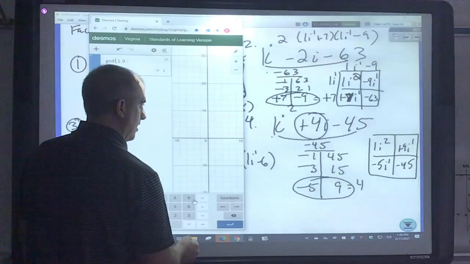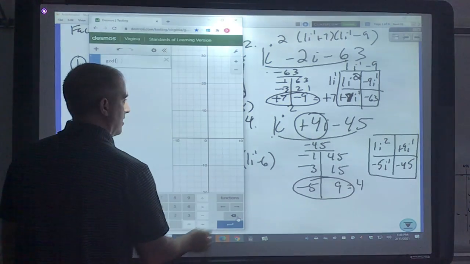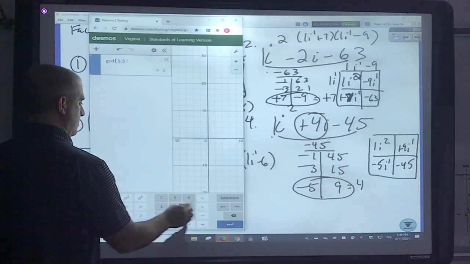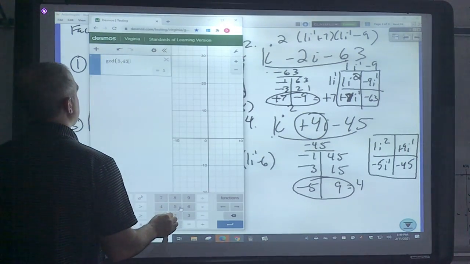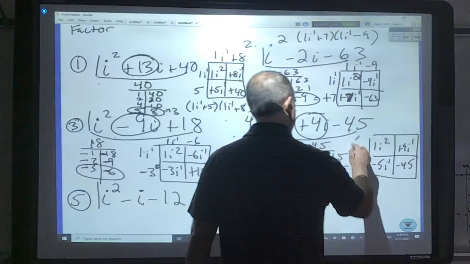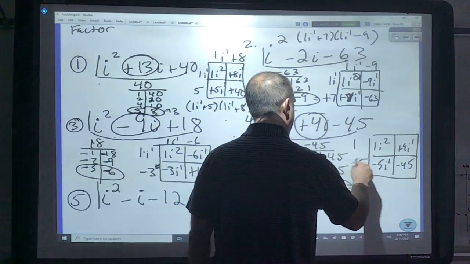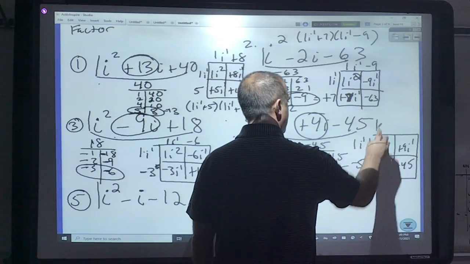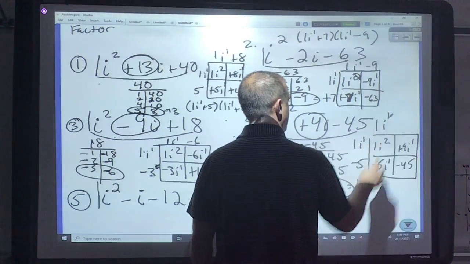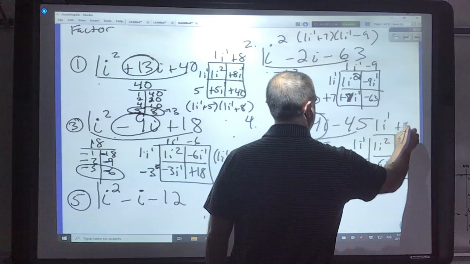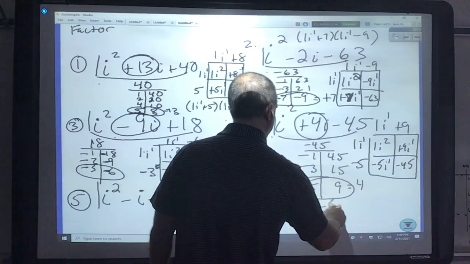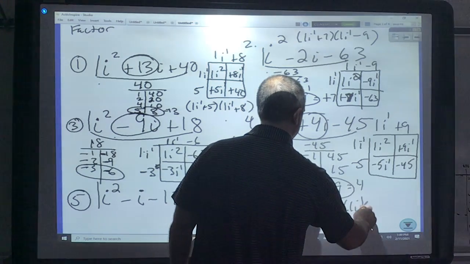And then 5 and 45, which is 5. So 1, and then this would be a 5, but a negative. No i there, but i to the first there. 1 times 1 has an i to the first. 1 times 9 does not. So the factors there are 1i to the first minus 5, 1i to the first plus 9.